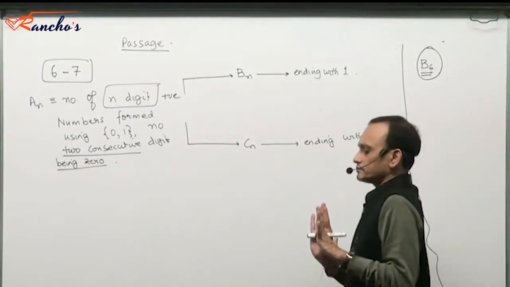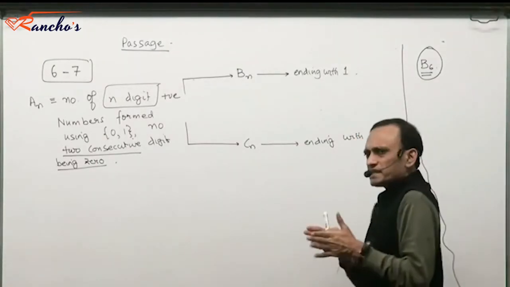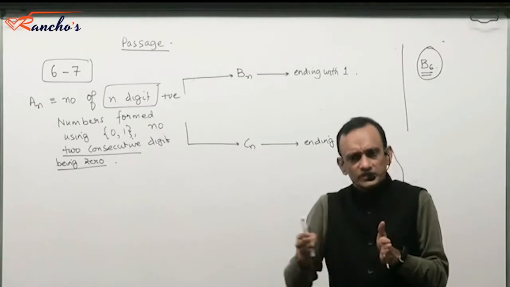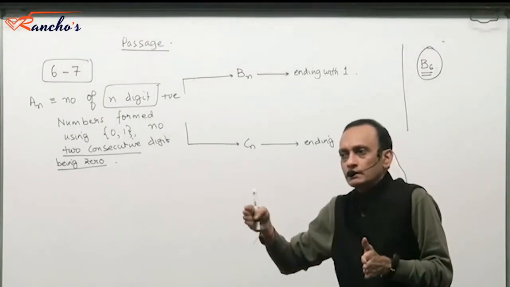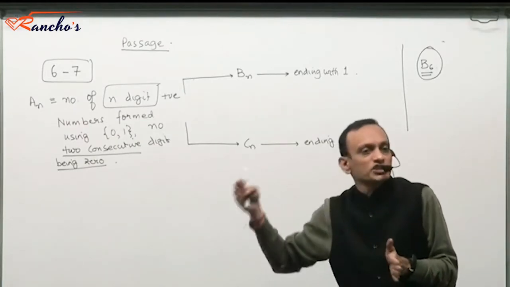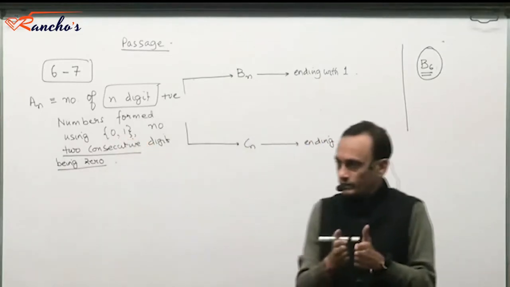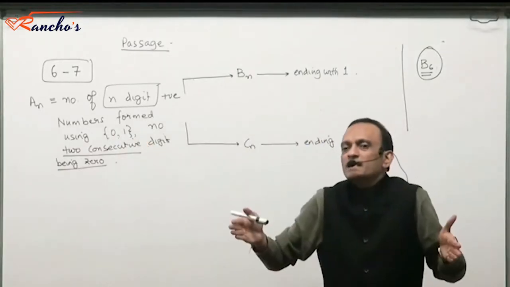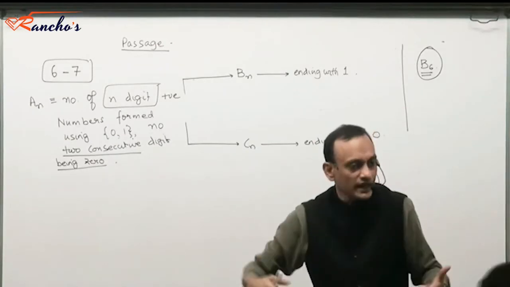Now, first of all, let's look at this. What is AN? AN is a string of digits with no two consecutive digits being 0. And that string is formed only using 0 and 1. The number of such numbers are referred to as AN.